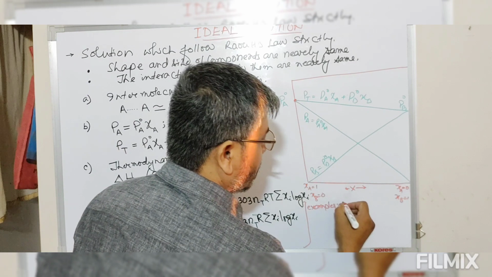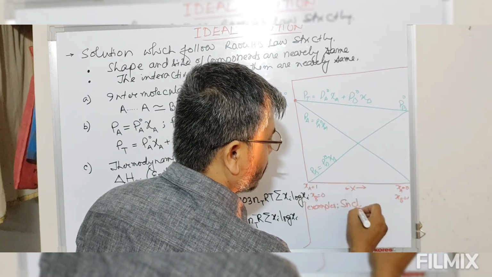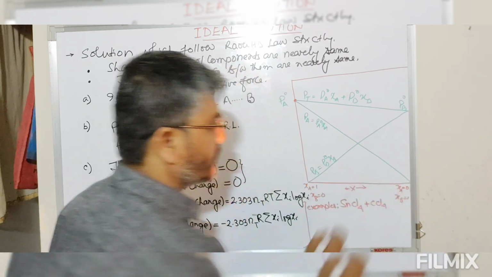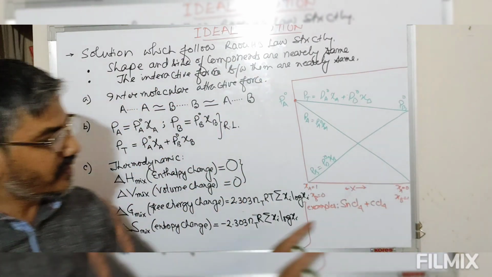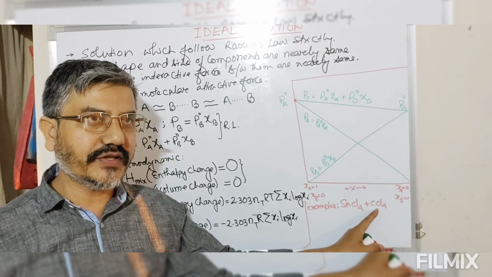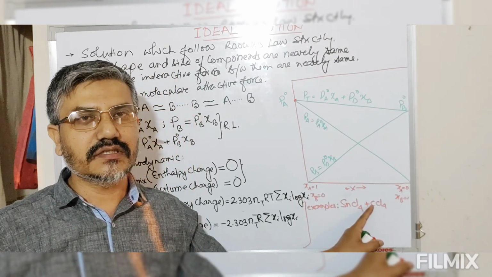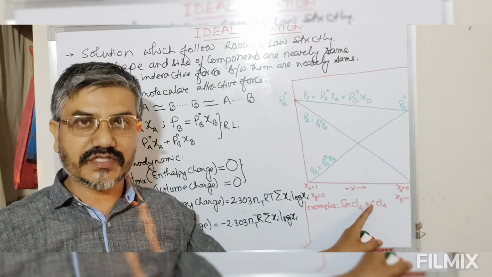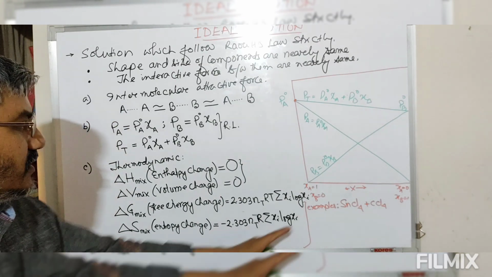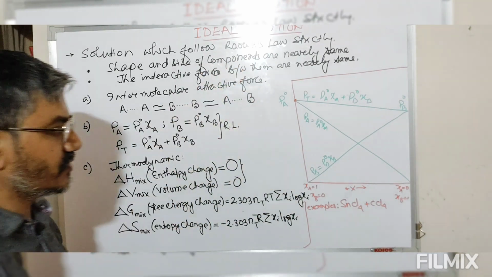So look at this. We have SnCl4, tin chloride, and carbon tetrachloride. This solution forms nearly ideal. Now look at this. Tin chloride is also non-planar. This is also non-planar. So the interactive force between non-planar molecules is London dispersion force. So this is also London dispersion force. So this is an ideal solution.